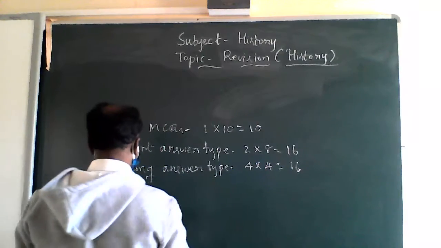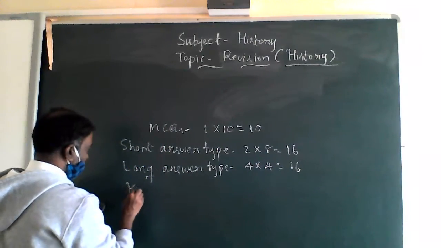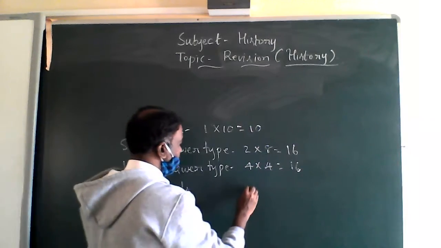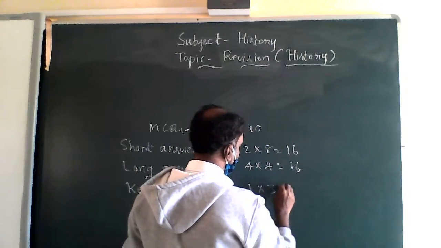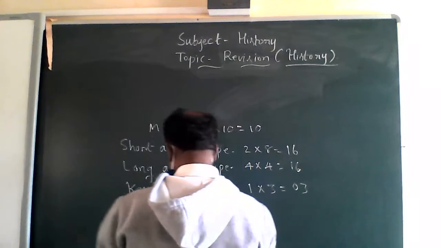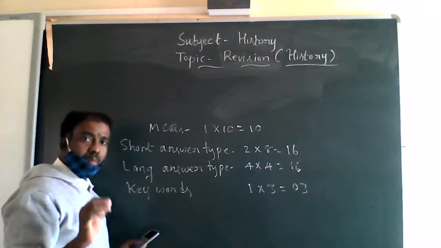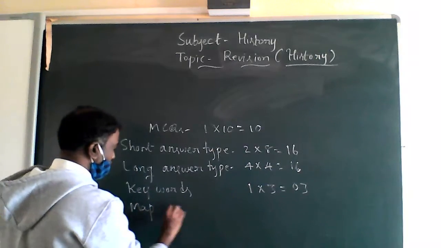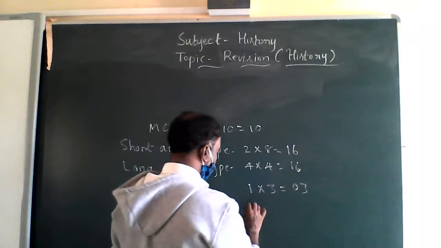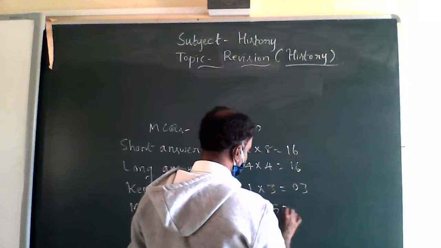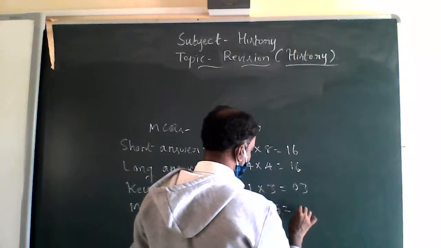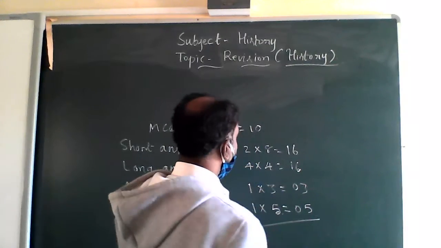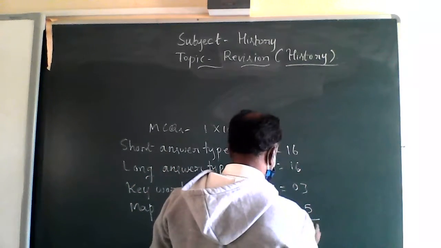There are 3 keywords, each carries 1 mark, totally 3 marks, and there is a map also, a map for 5. So totally 50 marks.